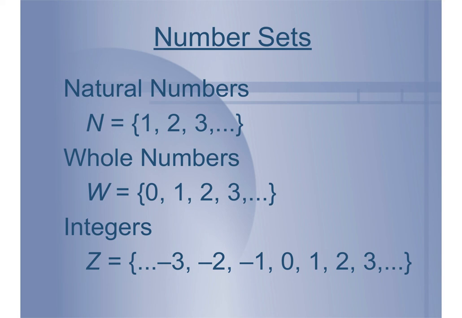No. But if you're talking about number sets, N will always mean natural numbers, all right? Whole, that will always be represented by a W, okay? And then integers, seemingly random, is Z. Integers will always be represented by Z.